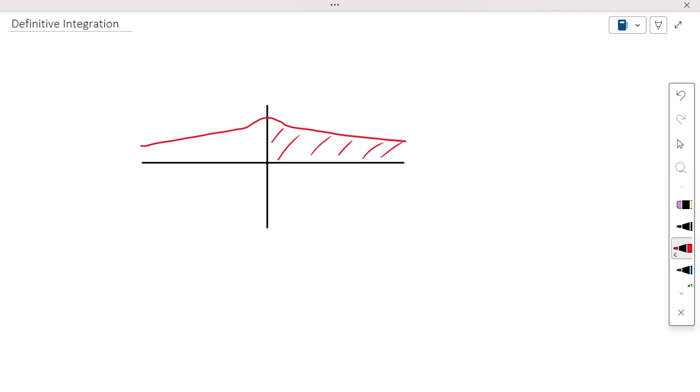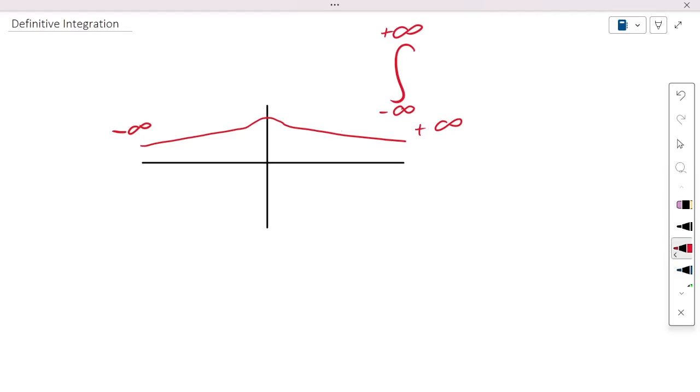So what I'm trying to get to is, if we are trying to find, let's say from negative infinity, I'm going to use red for this, until positive infinity, meaning if we want to find the integral from negative infinity to positive infinity, maybe we would assume that it would be infinity.